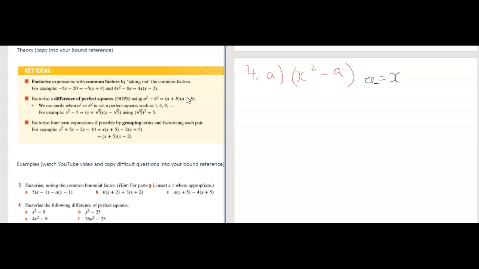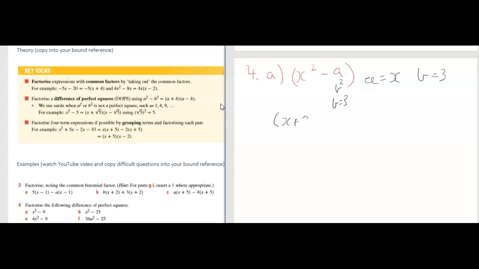And what is b? Remember, this is b squared, and b squared is 9, so b is going to equal 3. Now when I'm factorising, I just need to write (a plus b)(a minus b), so it's going to be (x plus 3)(x minus 3).